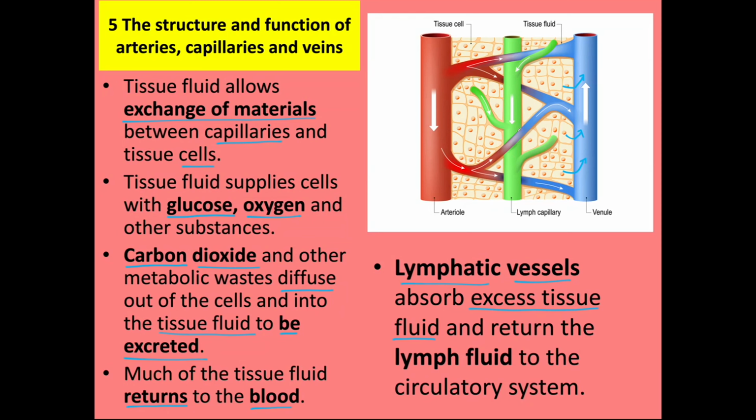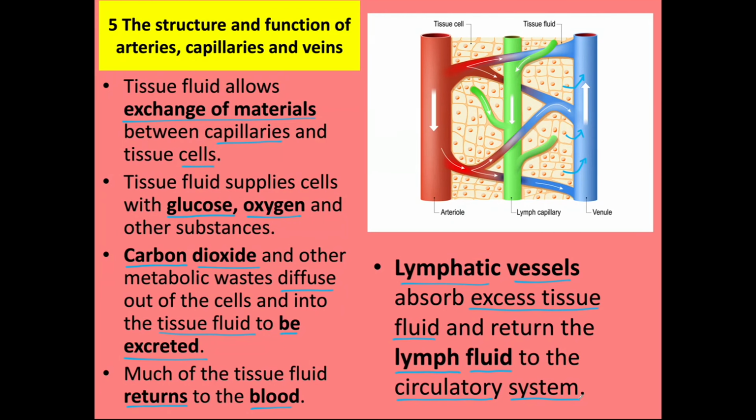You can see this green vessel in the diagram is a lymphatic vessel, and you can see it's connected to the tissue fluid, so it can absorb that excess tissue fluid and take it away from the surrounding cells. What it then does is return this tissue fluid, which is now known as lymph fluid because it's in the lymph vessel, back to the circulatory system at another point in the body.